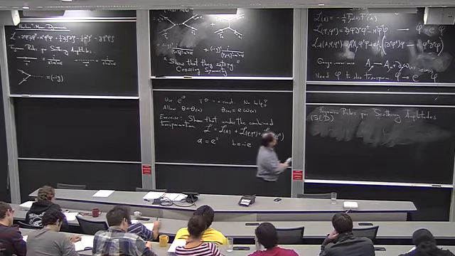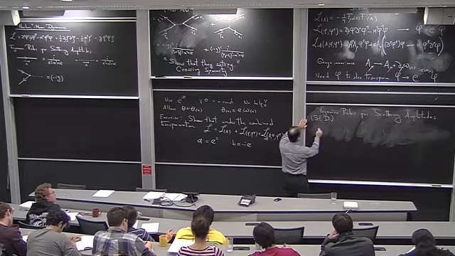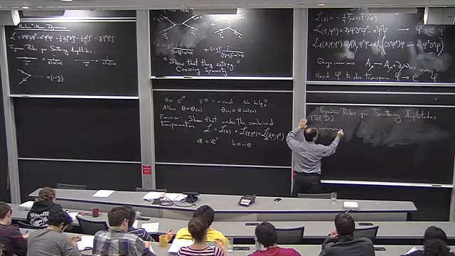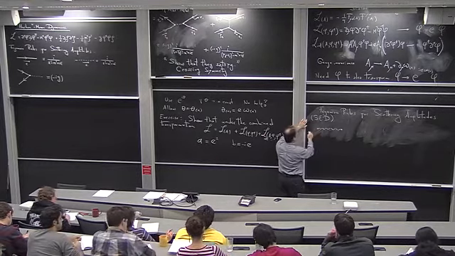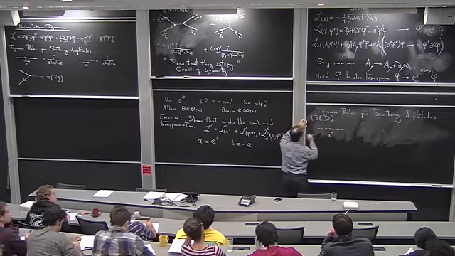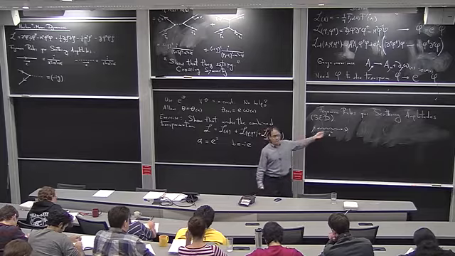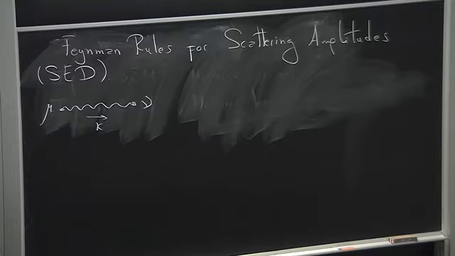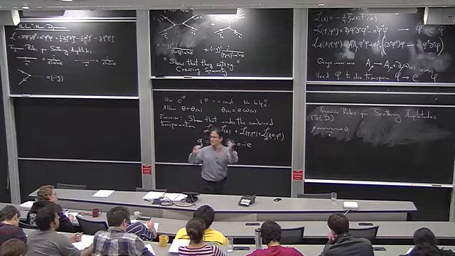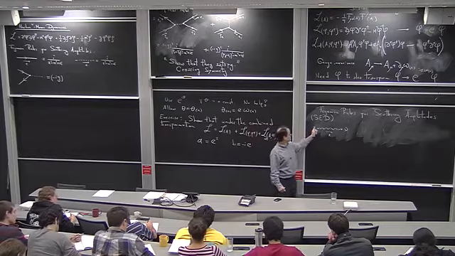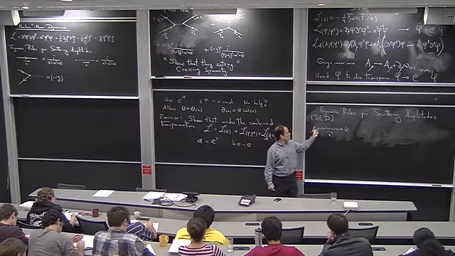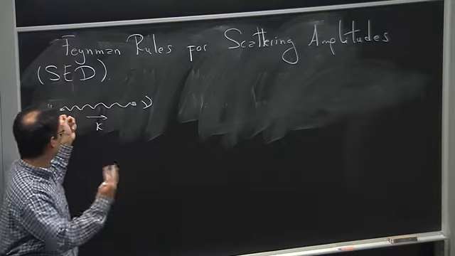Well, the first one is that yesterday we worked hard to get propagators for our photon field, right? But we have many kinds of photon fields labeled by an index mu.